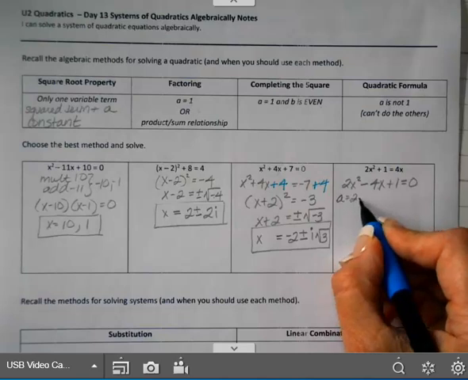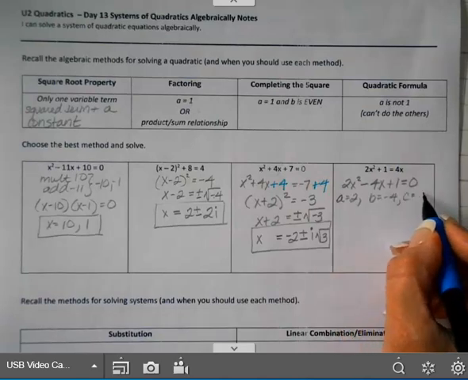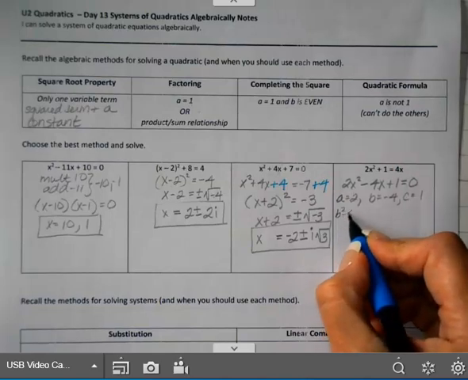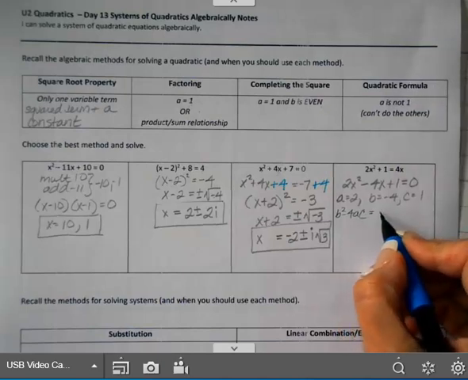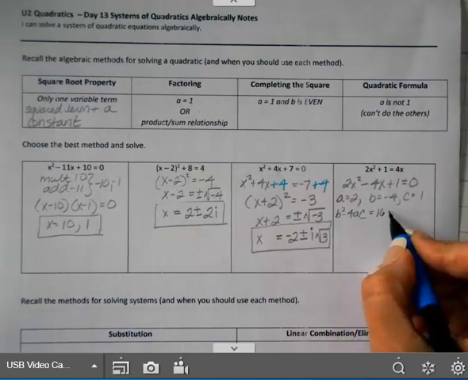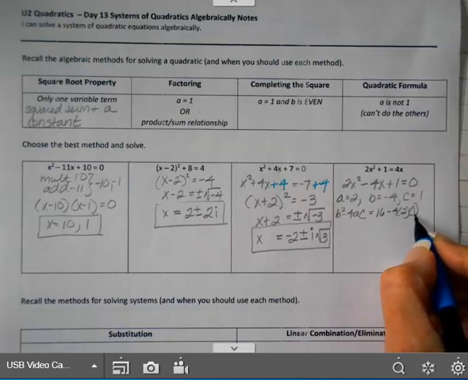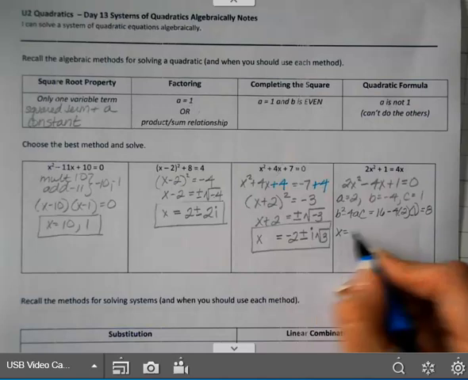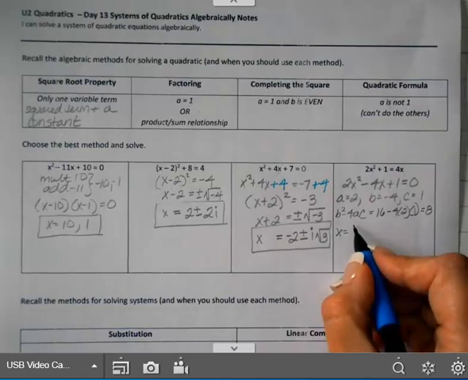A is 2, B is negative 4, C is 1. Our discriminant is b squared minus 4ac. B squared will give you 16 minus 4 times 2 times 1. And that gives you 8. Since 8 is positive, there's going to be 2 solutions.